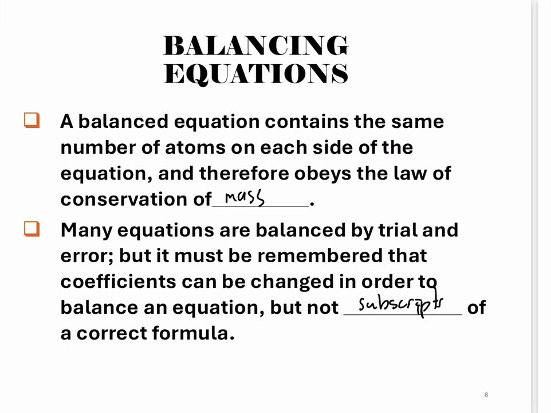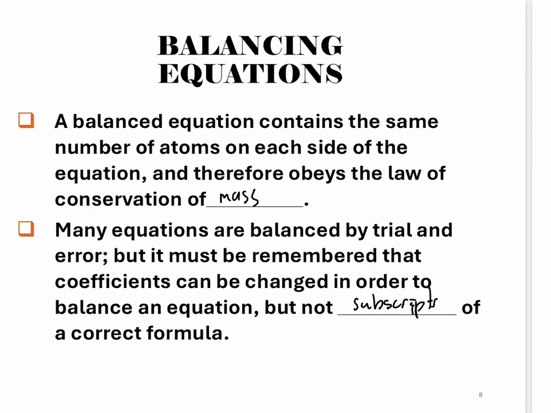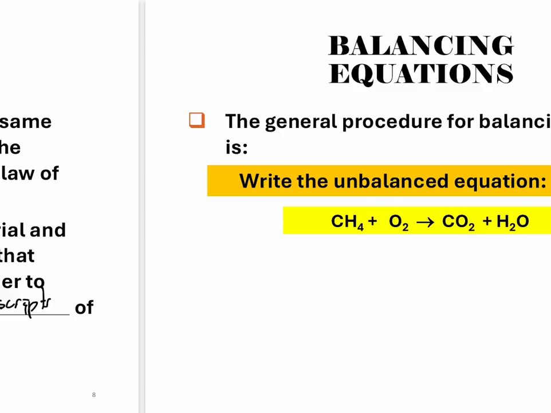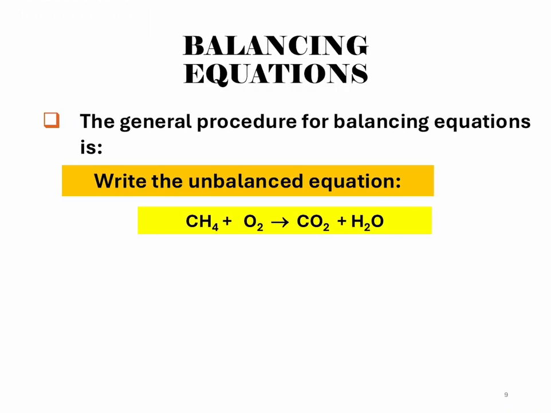And so we have some general strategies for doing this. For example, we have an unbalanced equation. How do we know it's unbalanced? How do you think we can first check to see if it's unbalanced? We just count up our reactants and products, and we count each atom that's on either side of this reaction, right?